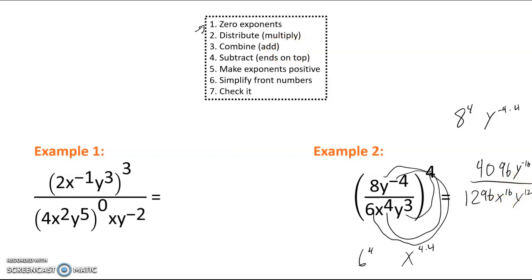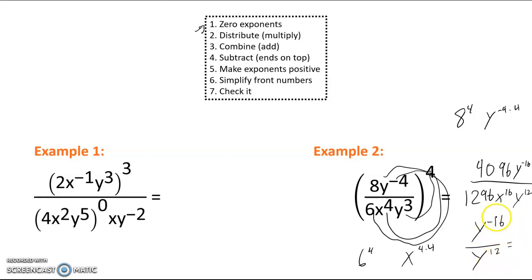So now what I would do, and again, there's a couple different ways you could do this. If you want, now you look for variables on top and bottom to combine. Y to the negative 16th over y to the 12th.